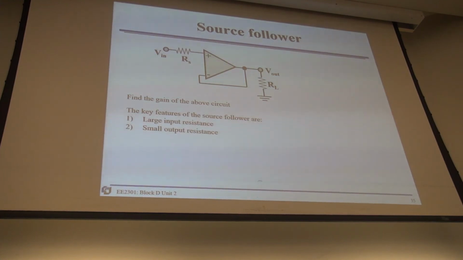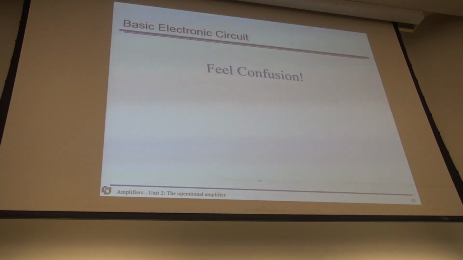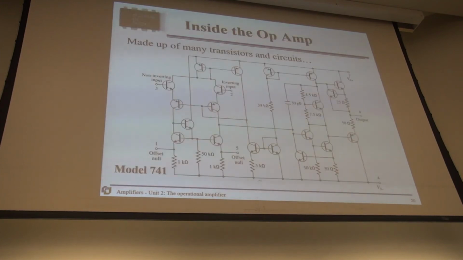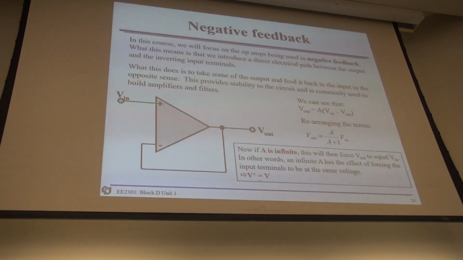So here, we understand that the current flowing inside here is almost zero. Okay, almost zero. But we do know that the voltage at this point is the same as the voltage at this point. We proved that already.